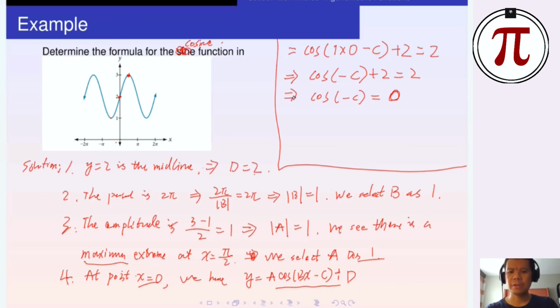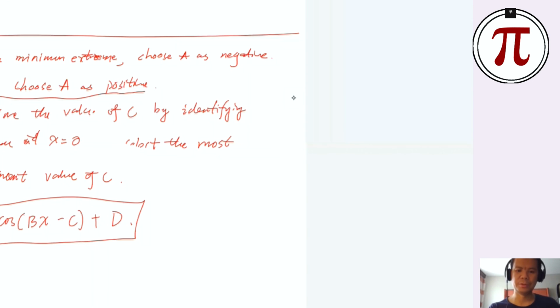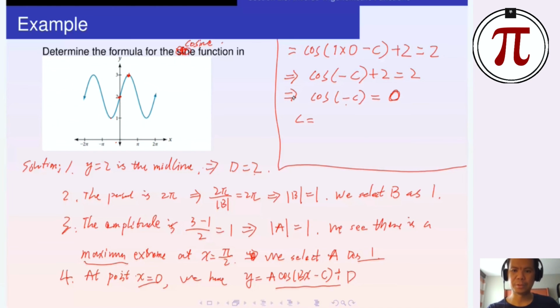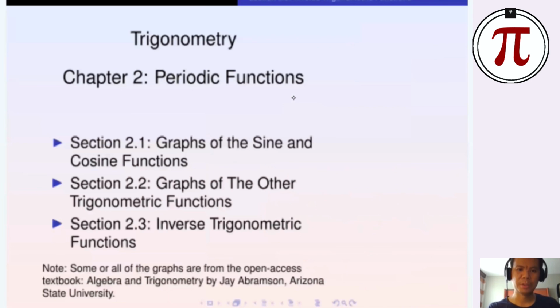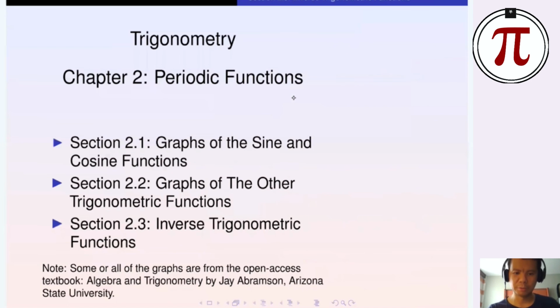So what is the value for c? Since cosine negative c equals 0, so c, 0. No, cosine 0 equals 1, right? If you remember the graph of sine and cosine, be careful.